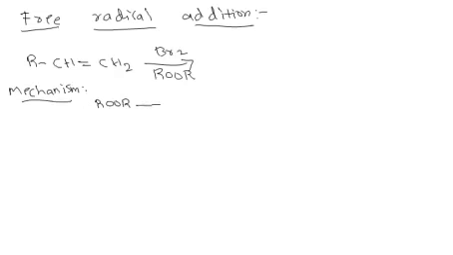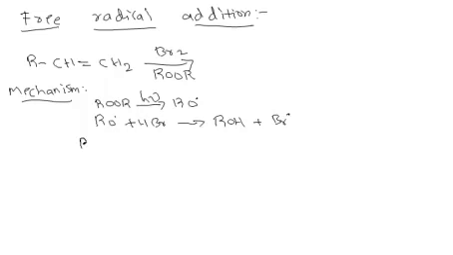Here ROOR in the presence of light gives free radicals, and next this RO dot reacts with HBr, that gives ROH and bromine free radical. That bromine free radical will react with the substrate.